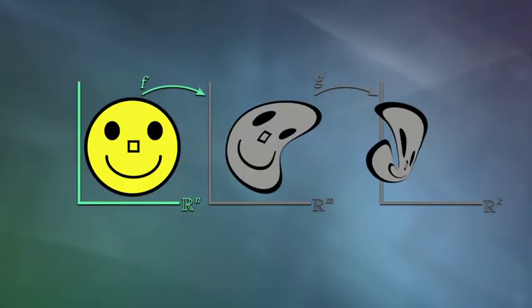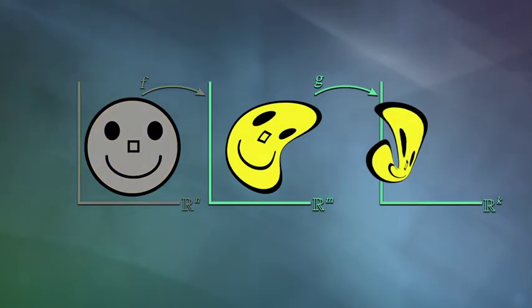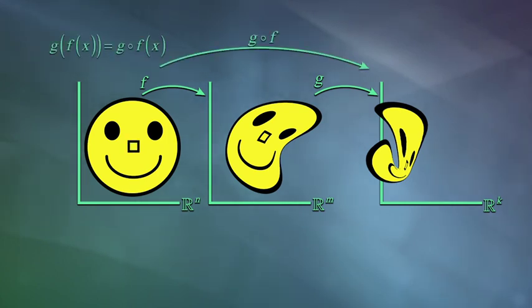Well, for multivariable functions, something similar happens. Suppose you have a function f going from R^n to R^m, and another function g going from R^m to R^k. Then, if x is a point in R^n, how does g(f(x)) depend on x? The function g(f(x)) is the composition of g and f, and it's notated g∘f.